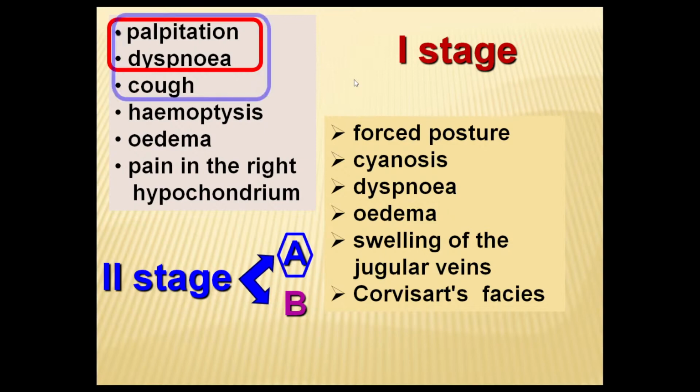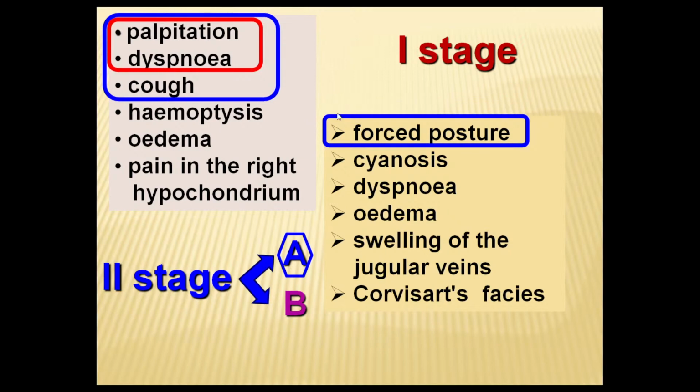The patient feels palpitation and dyspnea after moderate activity. For example, he cannot go to the third floor without rest. After the second or fourth floor, sometimes he must stop for a short time because he feels palpitation and dyspnea. After intensive physical exercise, there may be cough, because of more intensive congestion of blood in the lesser circulation.